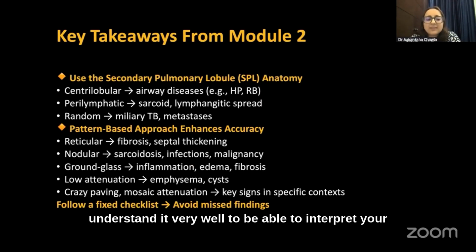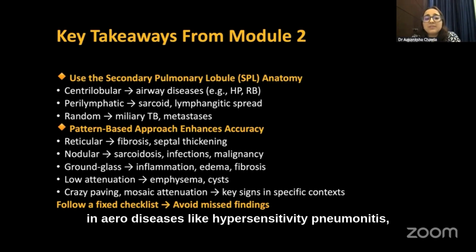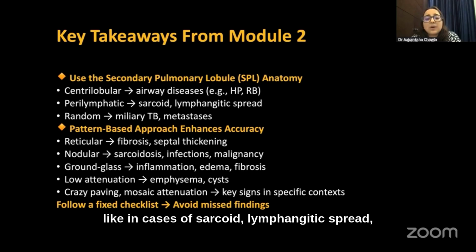Remember, understand it very well to be able to interpret your CTs easily. There can be a centrilobular distribution in airway diseases like hypersensitivity pneumonitis, respiratory bronchiolitis, perilymphatic, like in cases of sarcoid, lymphangitic spread, random in cases of miliary TB, metastasis.